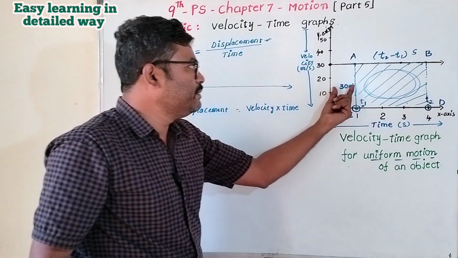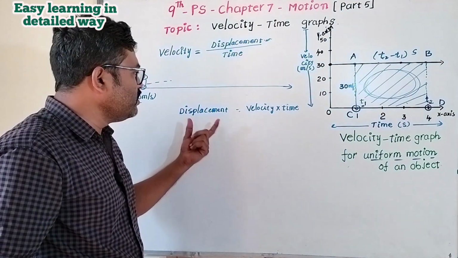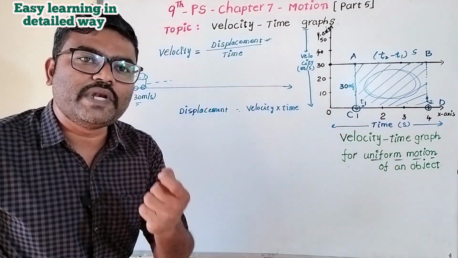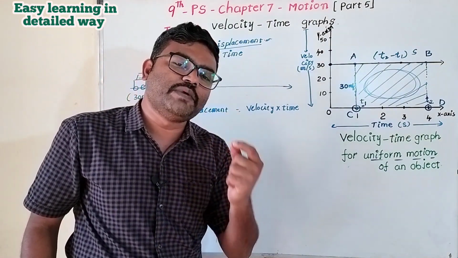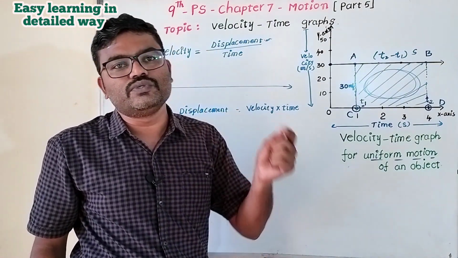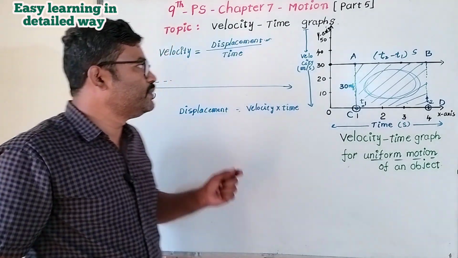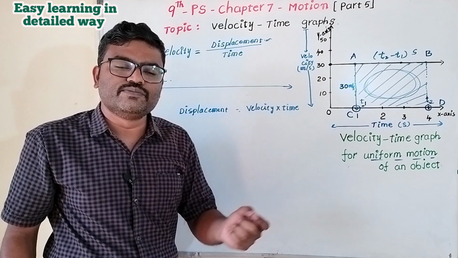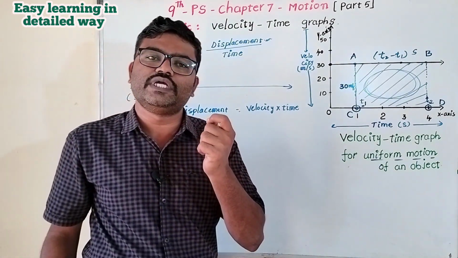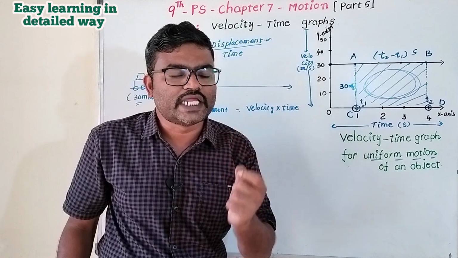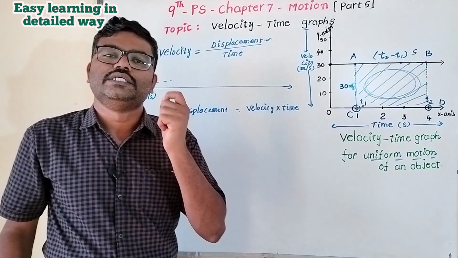By multiplying 30 meter per second with t2 minus t1, we get the displacement of the object. Here the displacement is also equal to the distance covered, because the object is moving in a straight line. Whenever an object is moving in a straight line in a specific direction, the distance and displacement are equal.